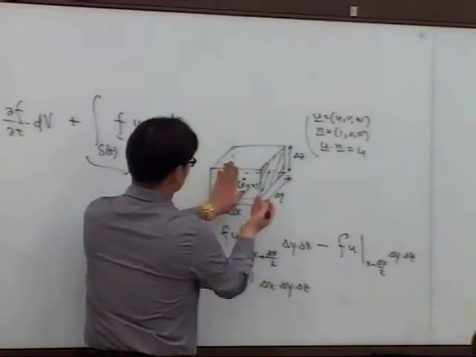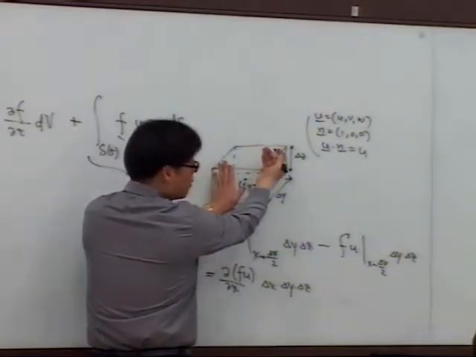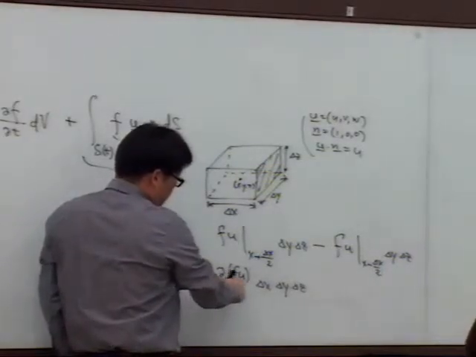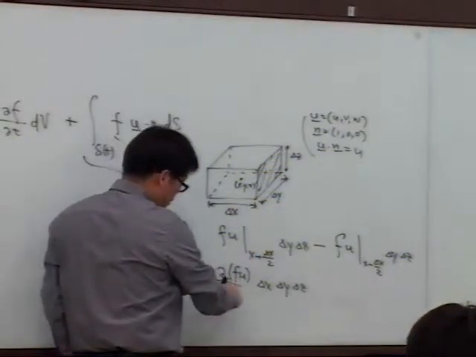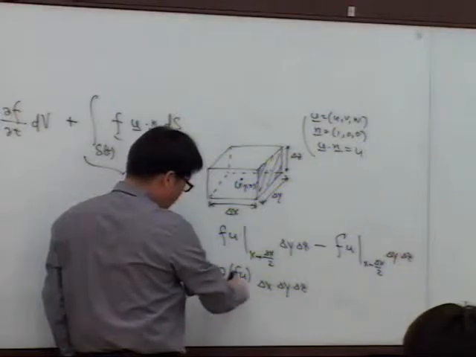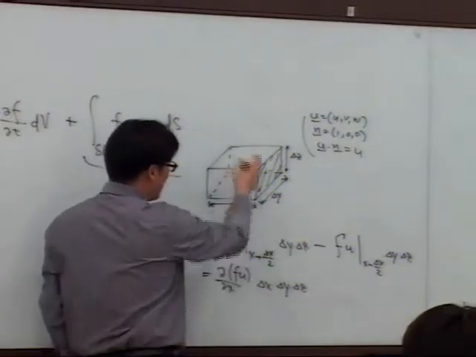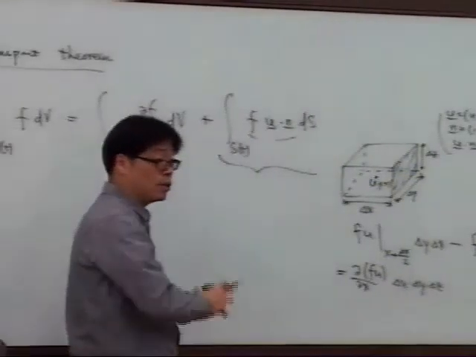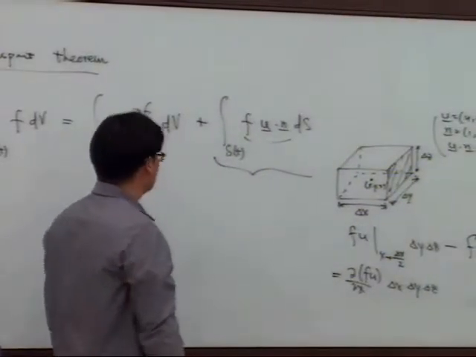And if you look at the front face and the face on the back, then you will see the y derivative of f times v. And if you look at top and bottom, then the z derivative of f times w, right? So you sum up together.